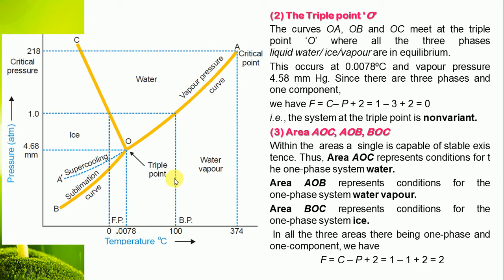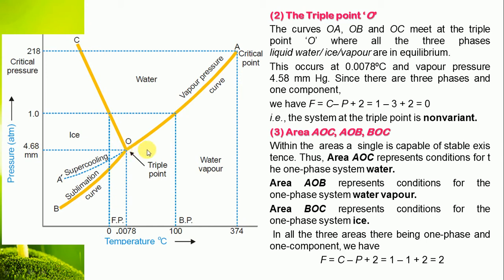So you can change temperature and pressure according to your wish, but it will remain in the same phase for a certain range of temperature and pressure values. For example, at this point the pressure is 4.68 millimeter mercury.